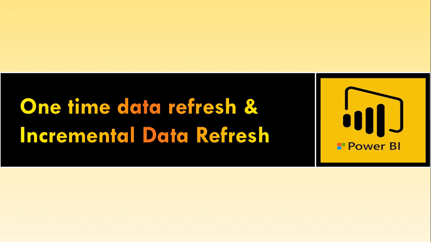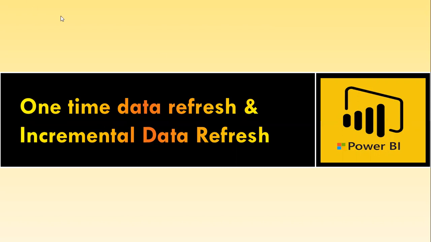So the one-time data refresh is when you're loading the historical data, 5 years of data at once. Once you load 5 years of data, that is not the end of the story, because you are continuing your business. You did not close your business. The last 5 years of data you loaded until 1st Jan 2023.